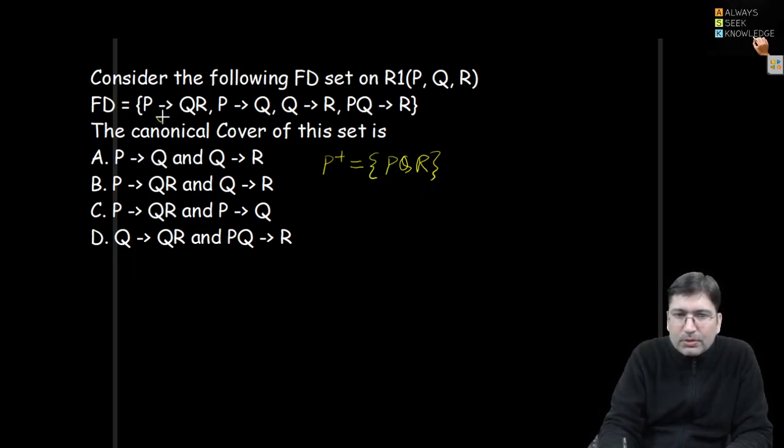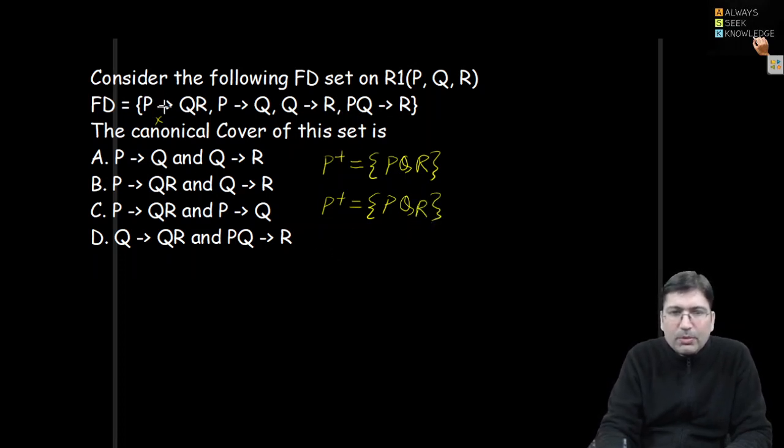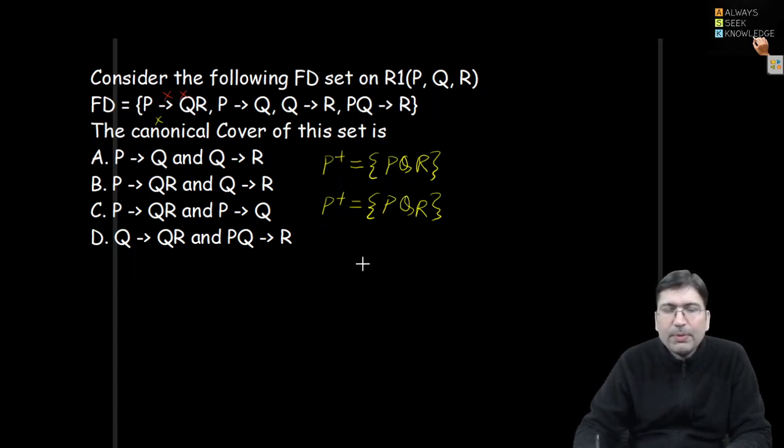If this rule is not there, and the rest of the functional dependencies are there, and you calculate the closure of P, you will get P, and P can derive Q, so you will get Q, and Q can derive R, you will get R. That means if you ignore this very first rule, you are still able to generate the same thing, right? So this rule can be neglected and will not be part of the canonical cover.